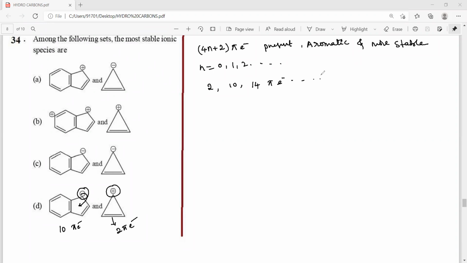Here 10 pi electrons are present, and here 2 pi electrons are present, and both are aromatic and stable. So the answer is option D. And let's go for the next question.